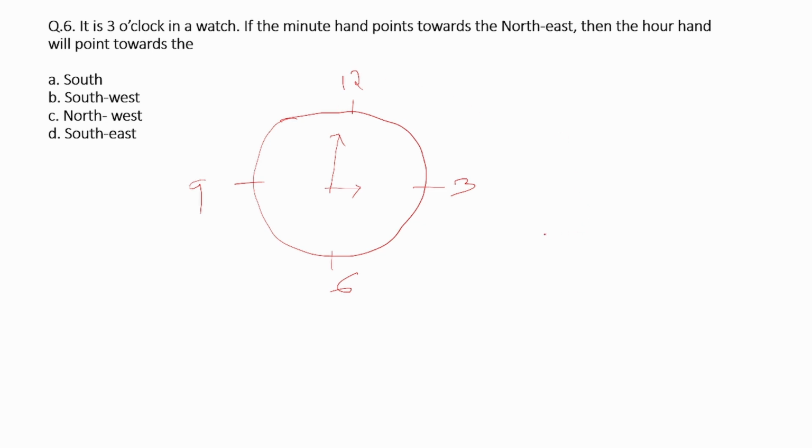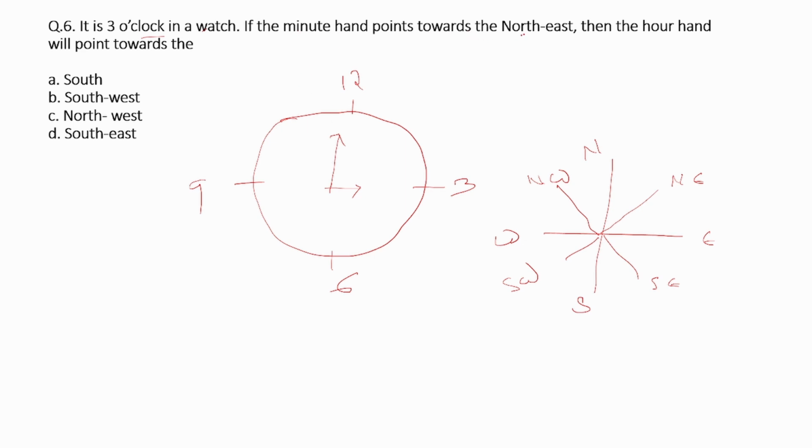In our natural directions, this is east, this is west, this is south, this is north, this is northeast, this line shows southeast, this line shows southwest, this line shows northwest.